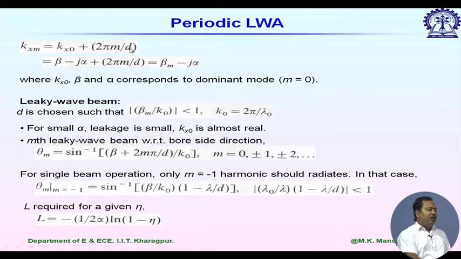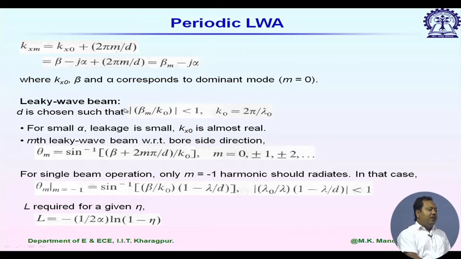So, kx naught is beta minus j alpha, plus twice pi m by d, and we can consider beta as one dominant mode component, and the rest is due to all the periodic modes. For m equal to 0, plus minus 1, plus minus 2, we have different modes, an infinite number of modes. So, the resultant mode kxm is the summation of this overall beta. In general, we write this as beta m minus j alpha.